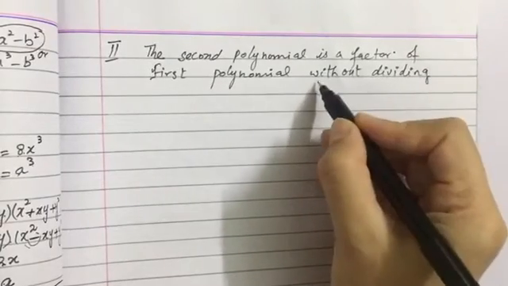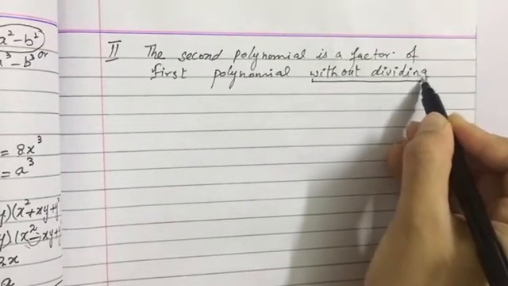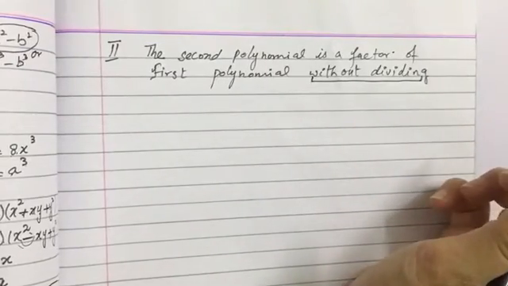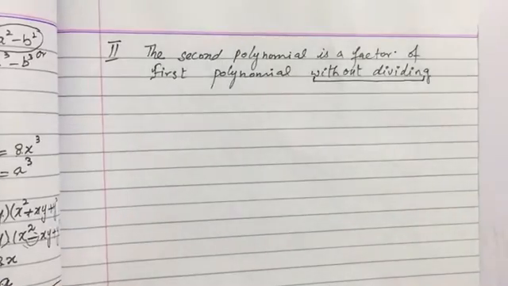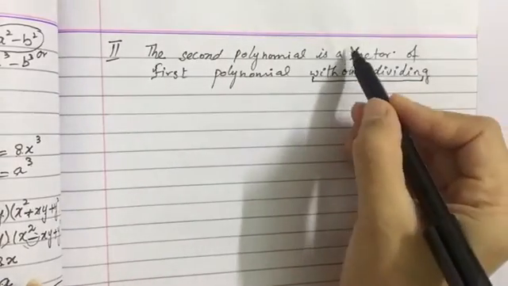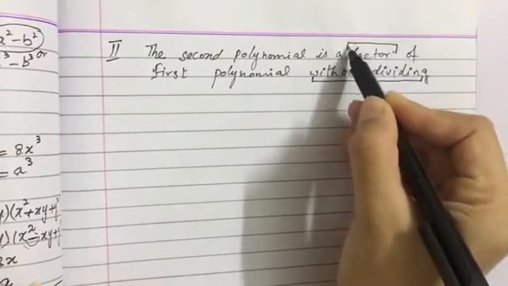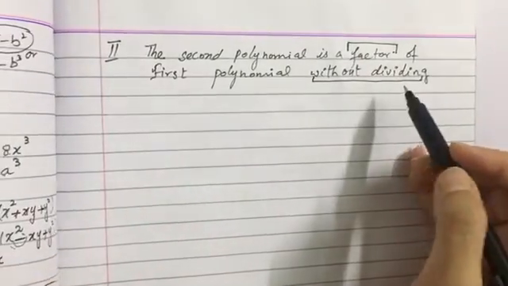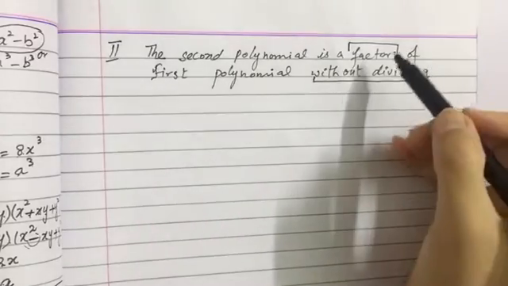Here they said we are not required to divide like we divide in other questions. What is the requirement? Actually we have to find out the factor. So there is another way, that is called the factor theorem.